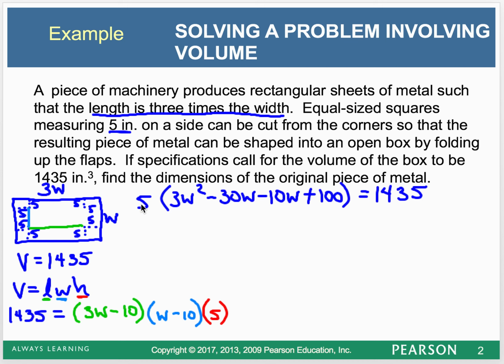Now my next step could be to distribute this 5. But just like on that last one, I'm hoping I can make my number smaller because I don't really want to work with that number. Hey, that number is divisible by 5. Let's divide this 5 out of both sides. I can only do that because this is being multiplied. So if I divide this side by 5, that gets to cancel out.